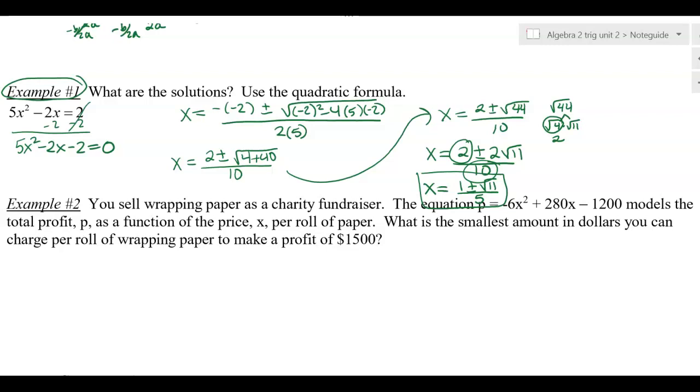Good, the radical would have to be different. If instead of rad 11, I had rad 16, would that have worked out differently? Yeah, because what's rad 16? 4. And then could I have done 1 plus 4 over 5? I might have still got a fraction, but a fraction is a rational number, not an irrational number. So if I want rational numbers, I want the number underneath the radical to be a nice perfect square. If it's not a perfect square, then I'm getting irrational numbers.